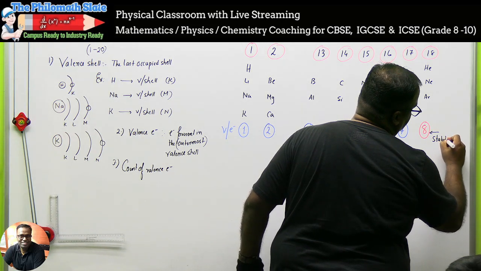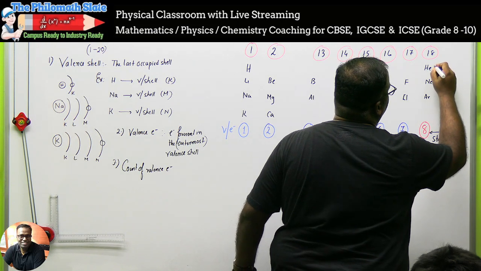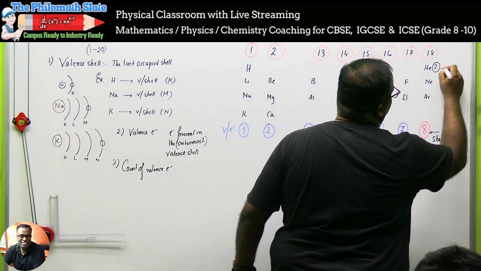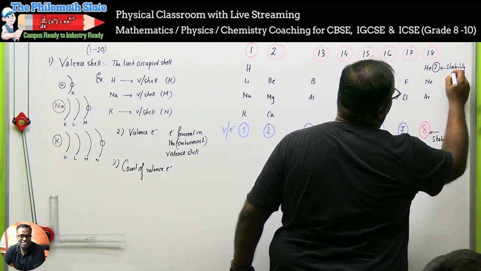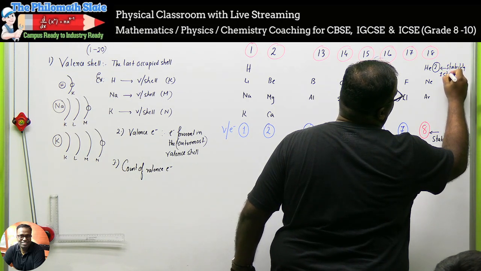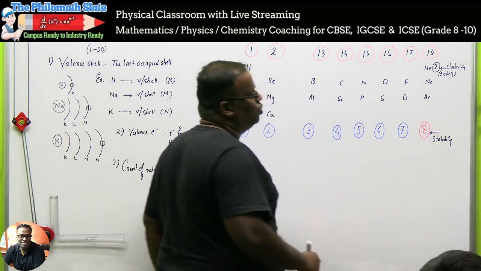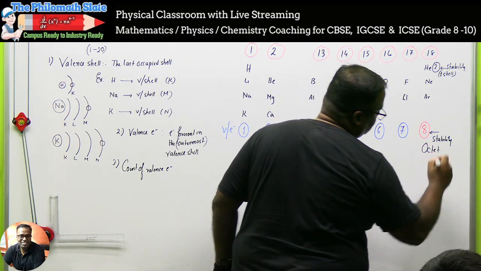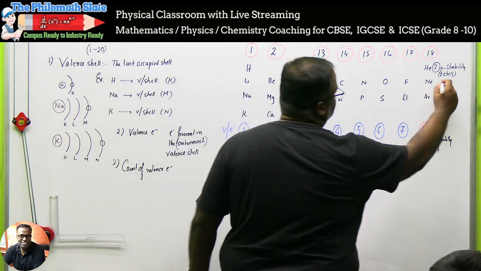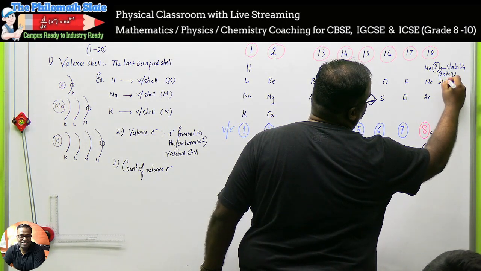8 is stability. And also at helium, the valence electron was 2. This is also stability. This is one shell. तो याद रखने का, इसको duplet बोलते हैं, and this criteria is called an octet. Octet means, octa means 8, and this is known as duplet.